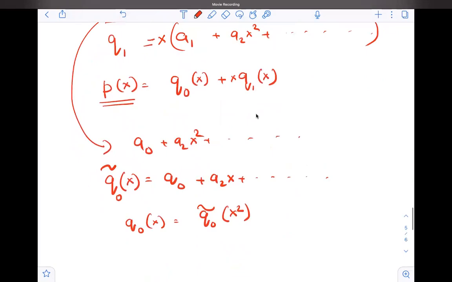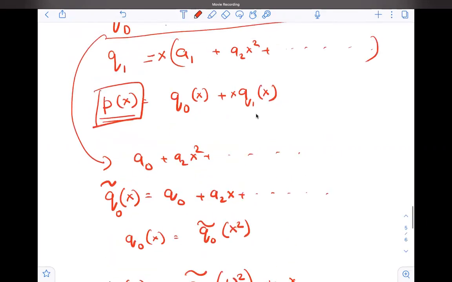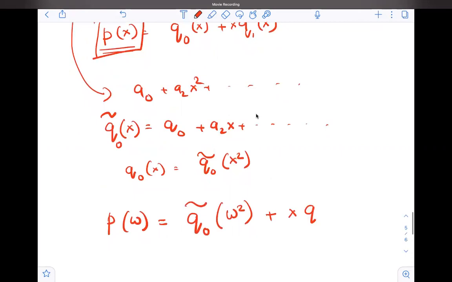So I want to evaluate P at a power of unity, say omega, for some root of unity. This basically becomes Q0 tilde at omega square, plus in the same way omega times Q1 tilde at omega square.